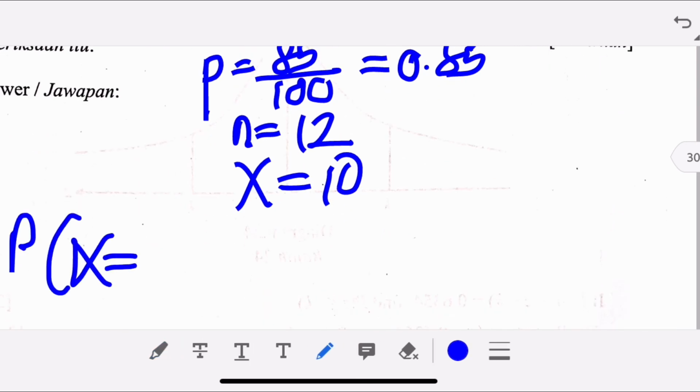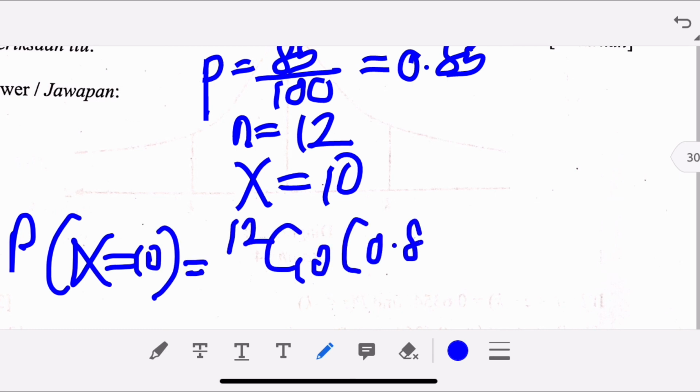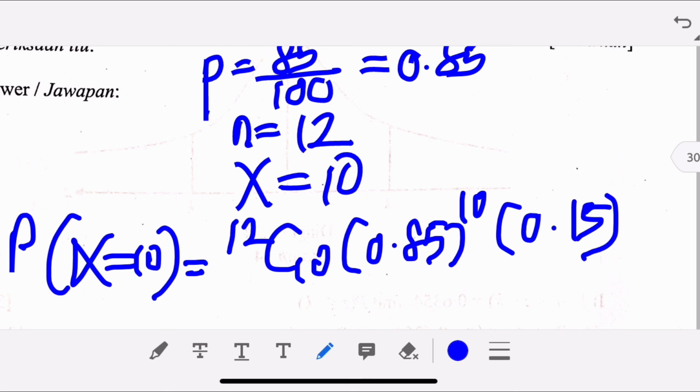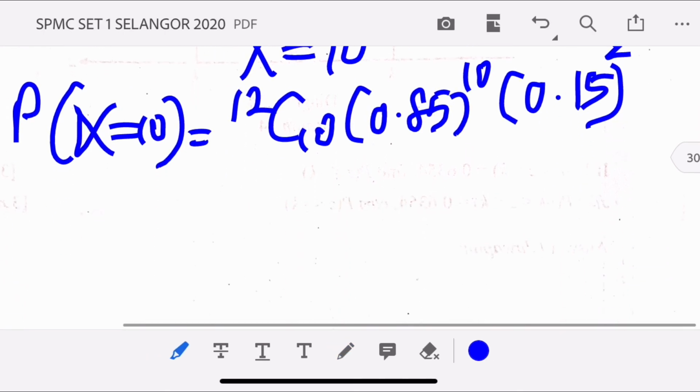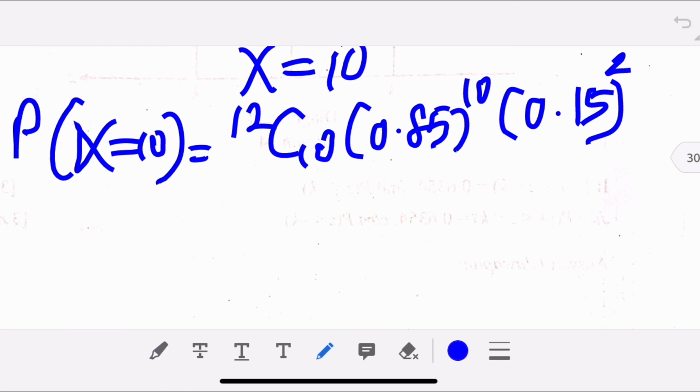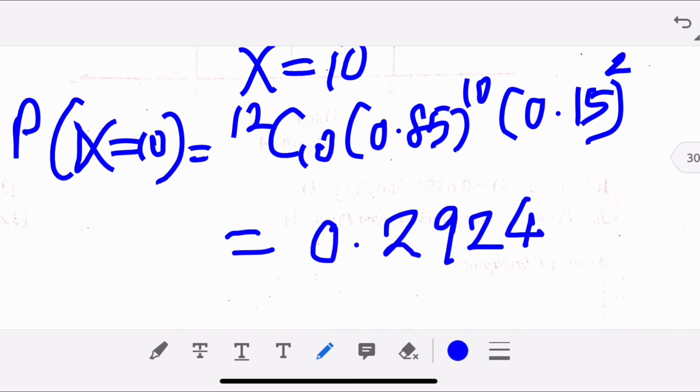P(X = 10) = 12C10 (0.85)^10 (0.15)^2. If you press your calculator, you will get the answer, which is 0.2924.